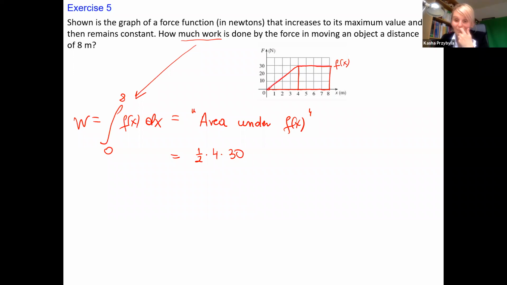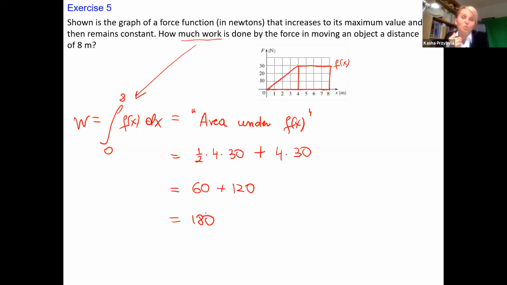Really good. We do have a rectangle. Base is 4 times height. That's what Jacob said, and Abdullah, 2 times 30 and 4 times 30. Perfect.